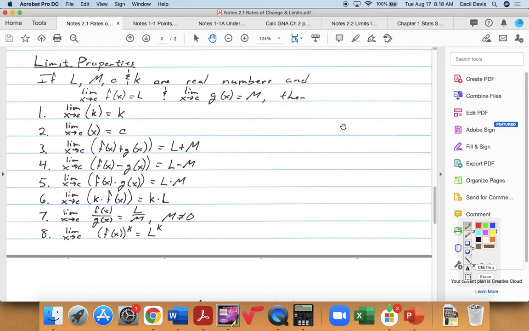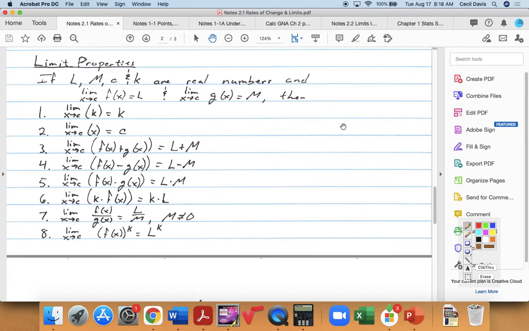Notice there's no x in the parentheses, so it doesn't matter what x does. That's a constant. It's always equal to k. Just a reminder here, these limits, think of them as the output of the function. So the limit as x approaches c of x is c.